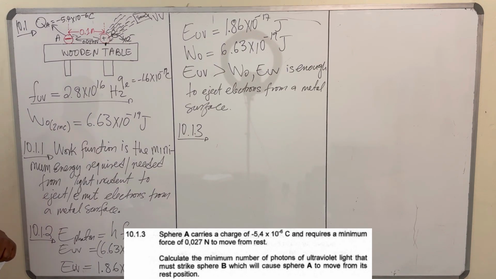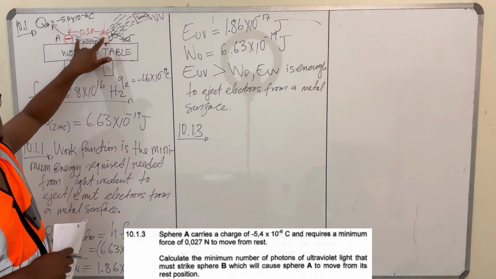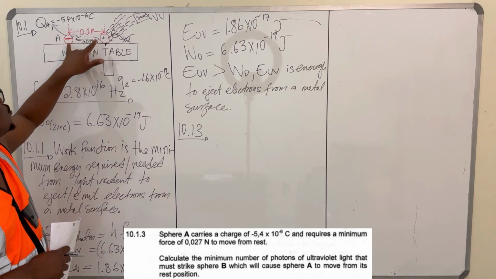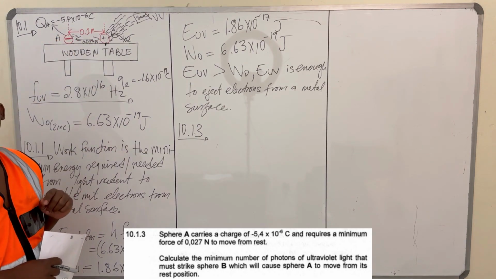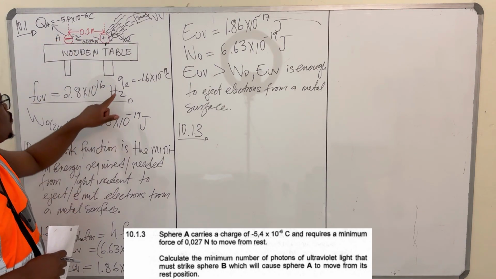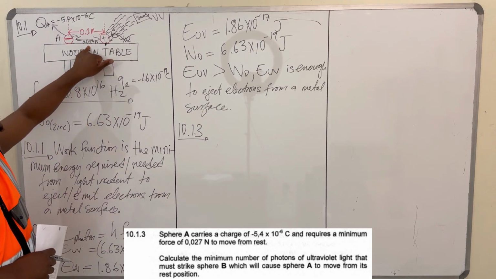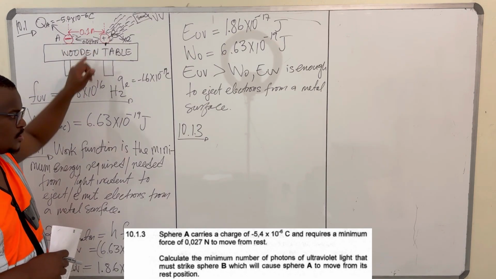So now we know that these two have to interact, such that this one is attracted to that one. We know the electrostatic force between them. The minimum electrostatic force required for this one to move is this one here. That's what they told us.